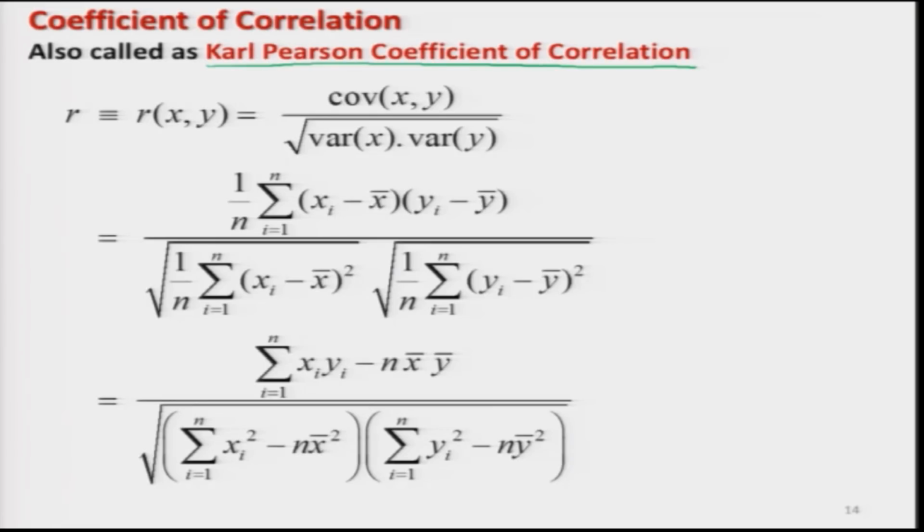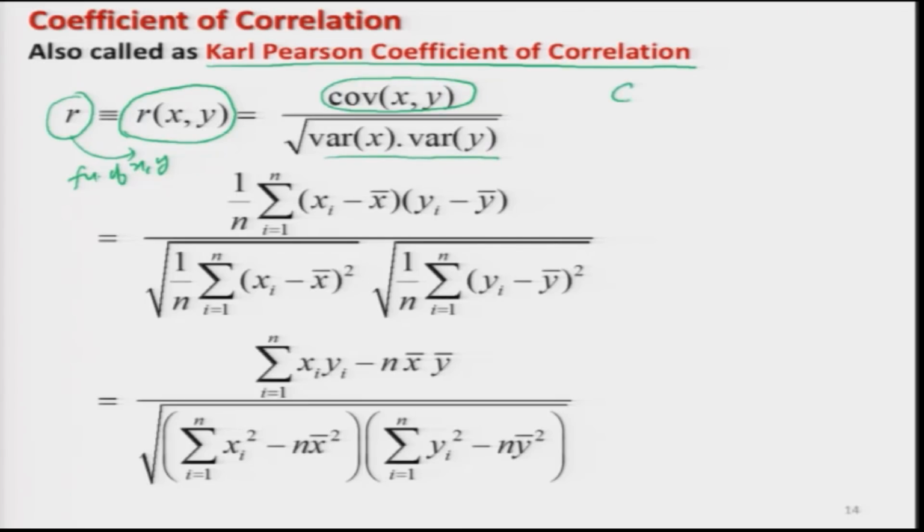So, this correlation coefficient is denoted by R, and this is equivalently written as R of (x, y). So, this indicates that R is a function of two variables x and y, and this quantity is defined as the ratio of covariance between x and y and the square root of variance of x and variance of y.